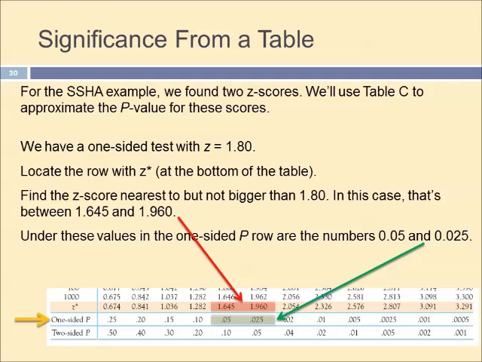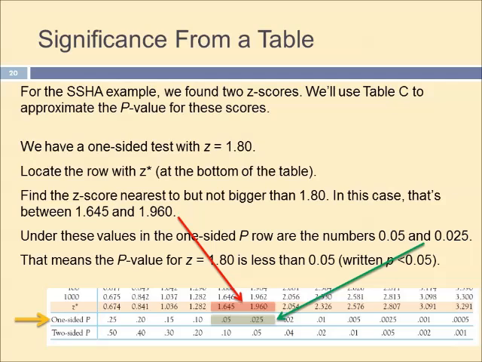Under these values in the one-sided p row are the numbers 0.05 and 0.025. So our p-value is somewhere between those two. We want this to be relatively conservative, so what we say is that the p-value for z equals 1.8 is less than 0.05. And that indicates that it's not less than the next smaller value in the table.